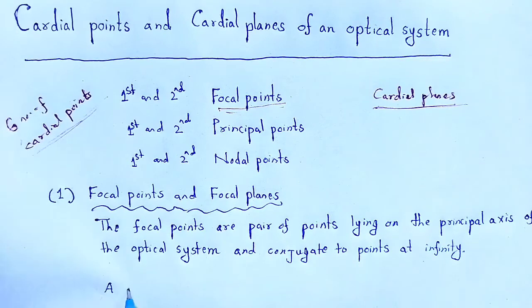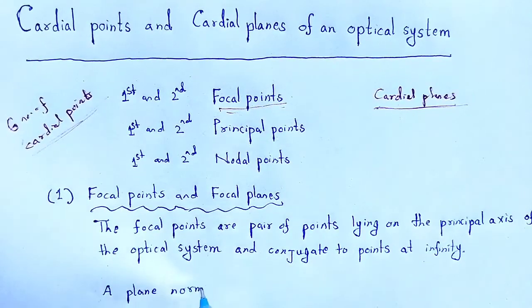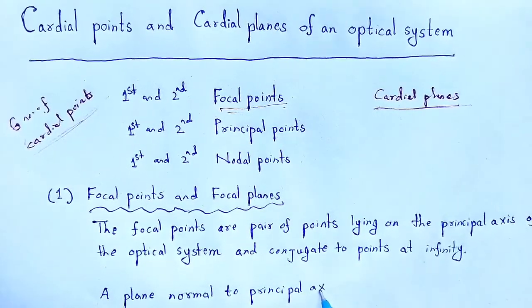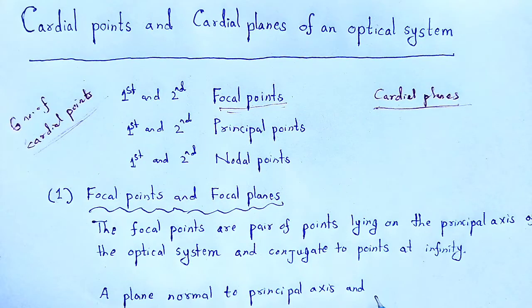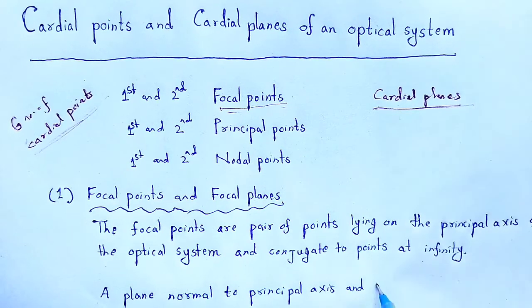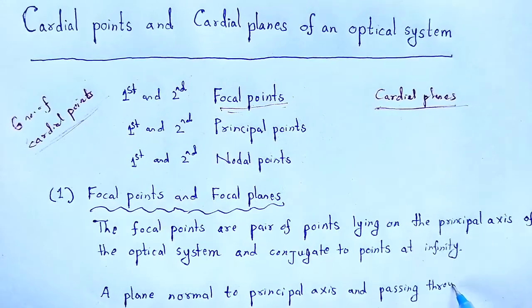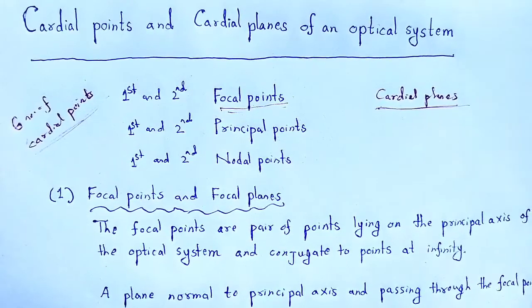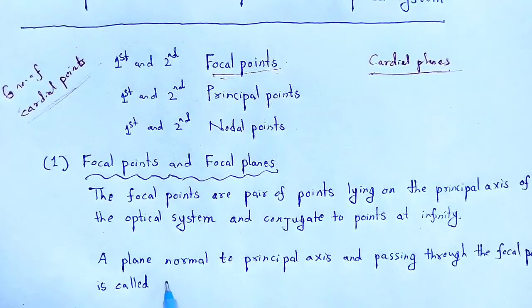It's a plane normal to the principal axis and passing through the focal point, and it is called the focal plane.